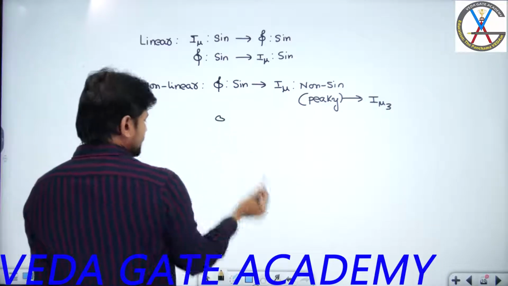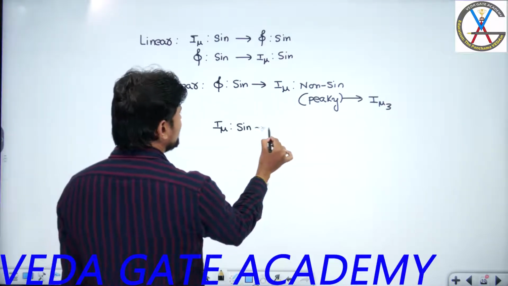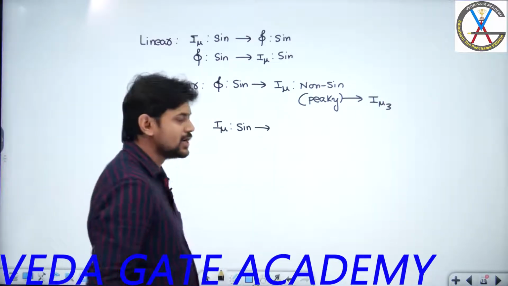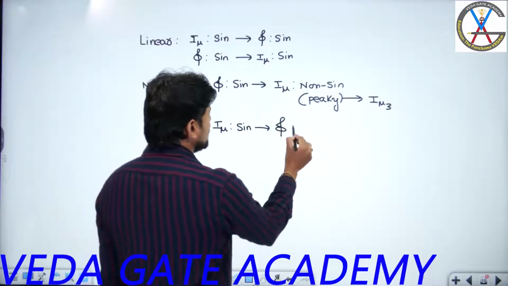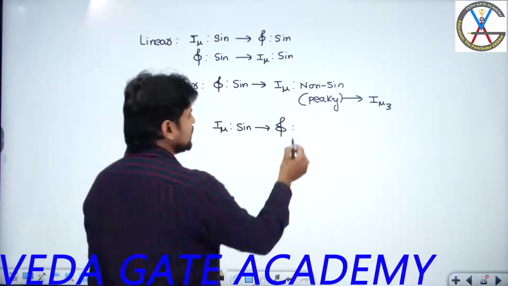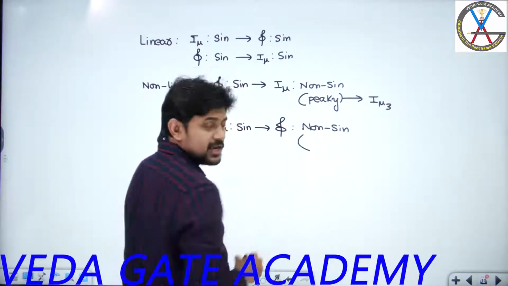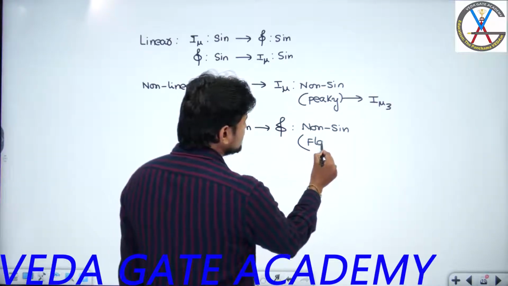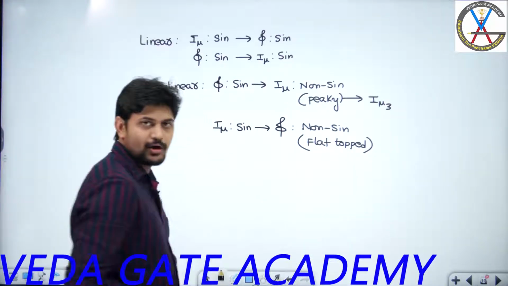Whereas if the magnetizing current is sinusoidal, that means the transformer is not allowing the flow of these third harmonic currents, then I mu becomes sinusoidal. If I mu is sinusoidal, then the flux becomes non-sinusoidal. But is it peaky or flat-topped? It is a flat-topped waveform. Are you following what I am saying?